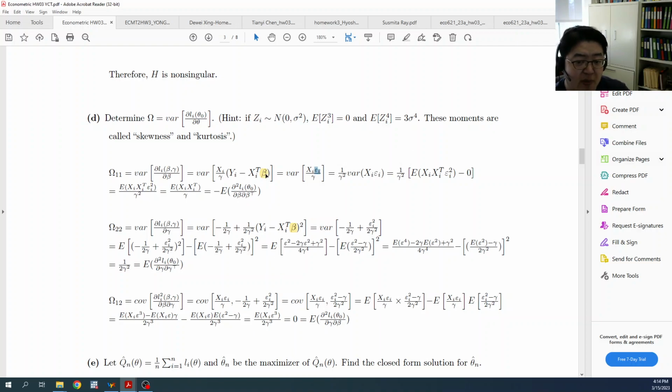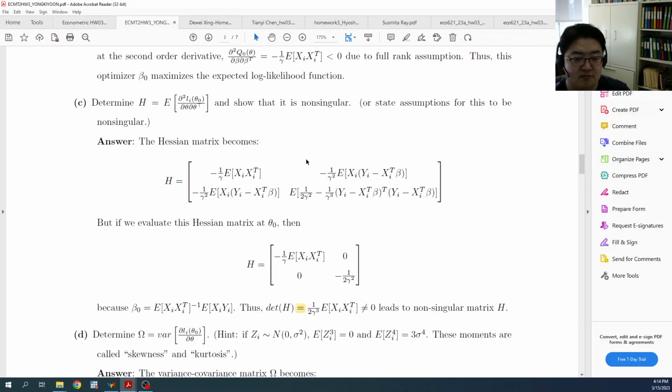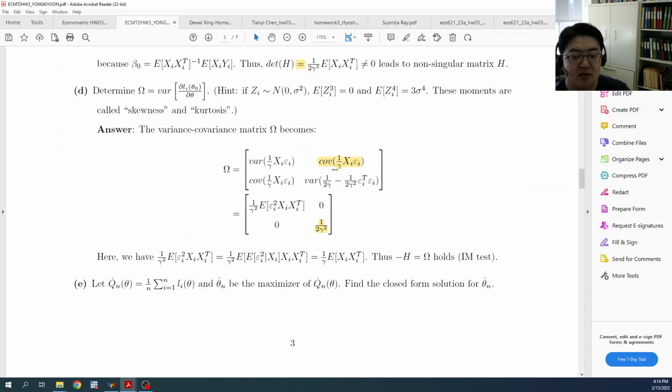So without beta 0, if beta is different from beta 0, y minus x prime beta could be different from epsilon, right? Epsilon is y minus x beta 0, right? That's one thing I had to notice. And here, I don't understand what this meant.